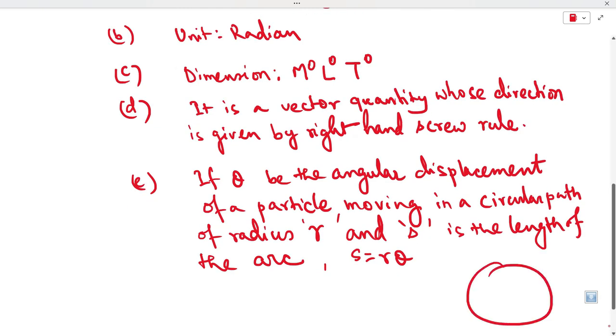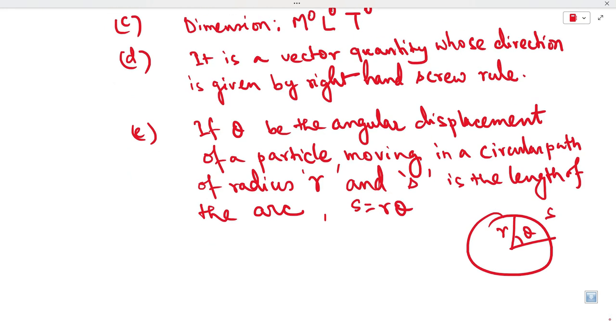Suppose this is a circle, this is the radius r, this is angle theta, and this is S.